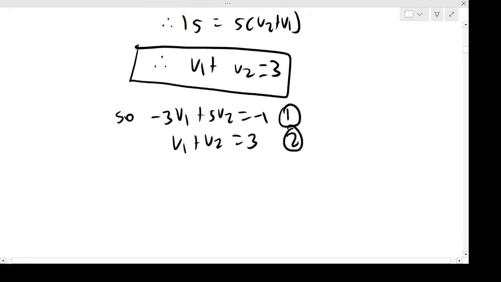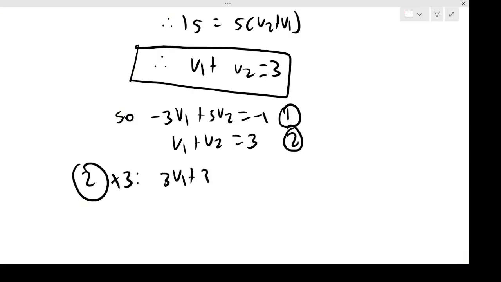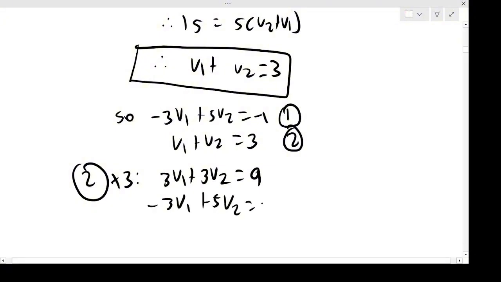So if I triple the second equation, 3V1 and 3V2 is 9, then I bring down the first one again. Hopefully what you can see is we can now add them to get rid of the V1, because the V1s will cancel, because they're opposite.